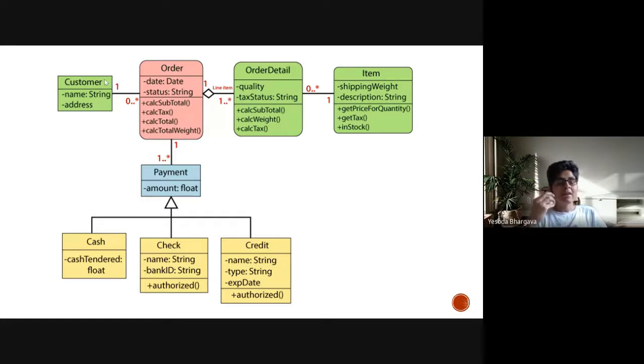Pay attention again to how the classes have been identified and conceptualized. The first level is to identify the classes. Classes are like the building blocks of your solution. Once you have identified the classes, then you try to see the relationship between the classes and their attributes, and the nature of the relationship and the multiplicities.